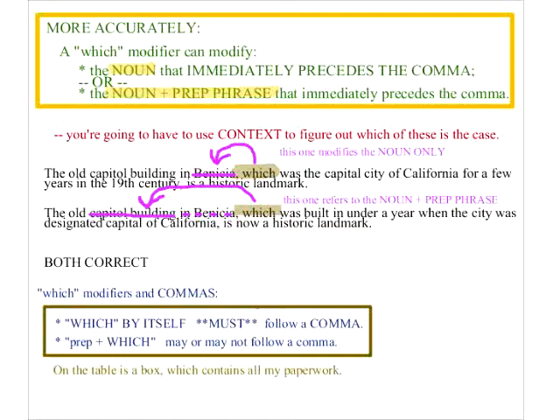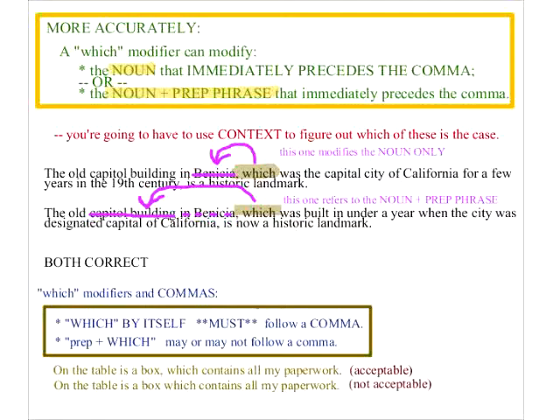If you say, on the table is a box which, no comma, contains all my paperwork, this is not acceptable on the GMAT. Instead of which, what word would you use there? Yeah, you would use that instead of which.